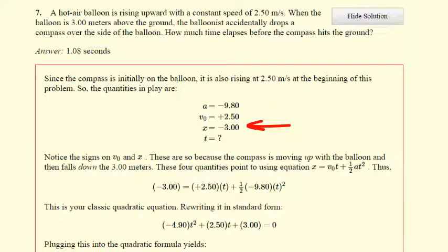And so, lo and behold, I have my four quantities. Given those four quantities, equation number 2 jumps out. I've got negative 3, and 2.5 plus t equals, oh, sorry.